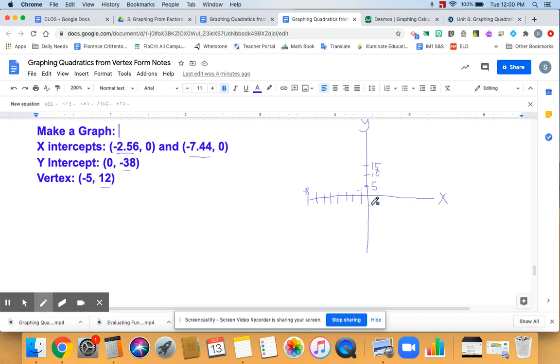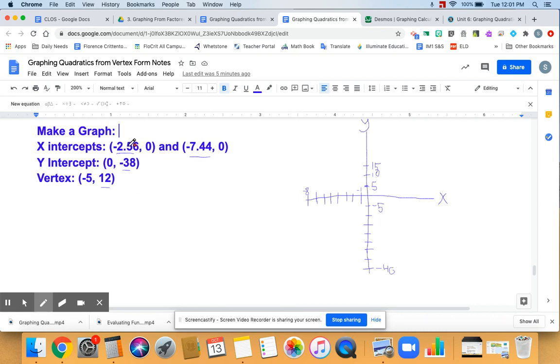So if this is negative 5, here's negative 10, negative 15, negative 20, negative 25, negative 30, negative 35, negative 40. So going down to 40 gets me to at least 38.